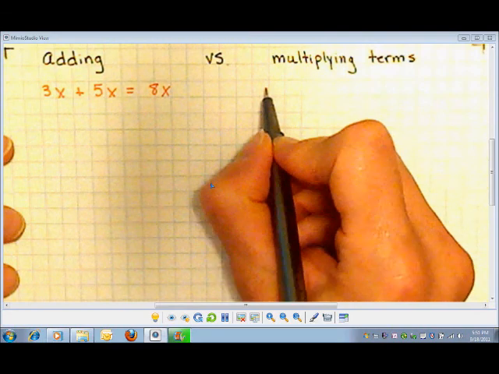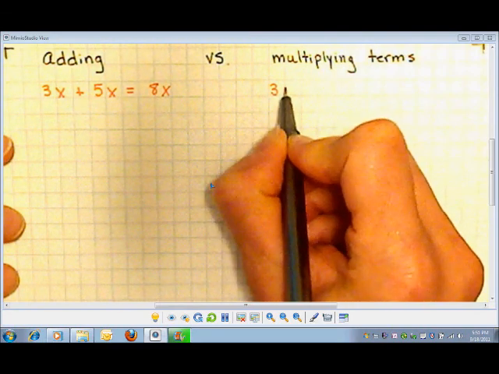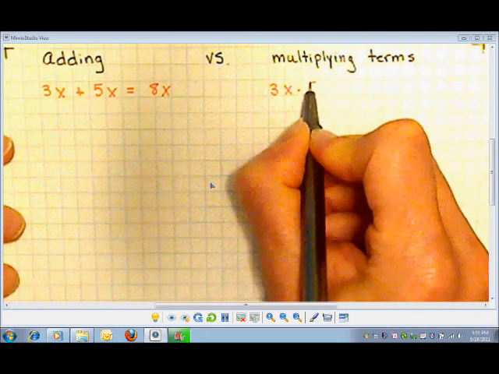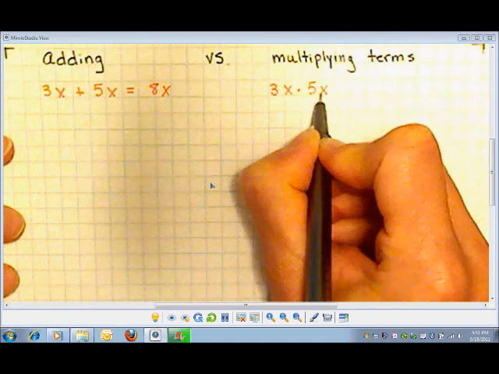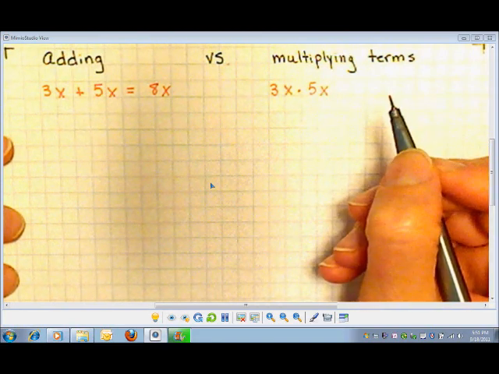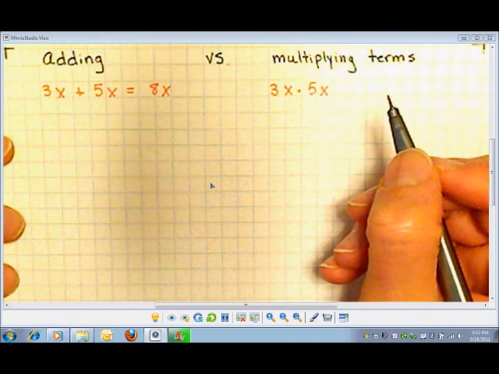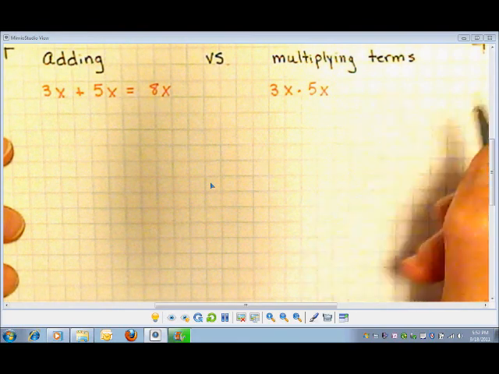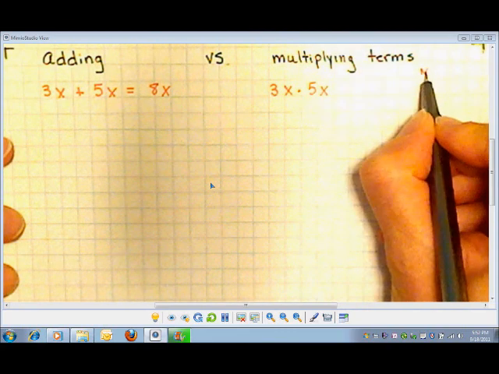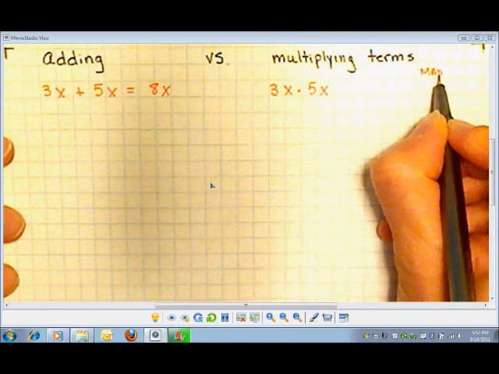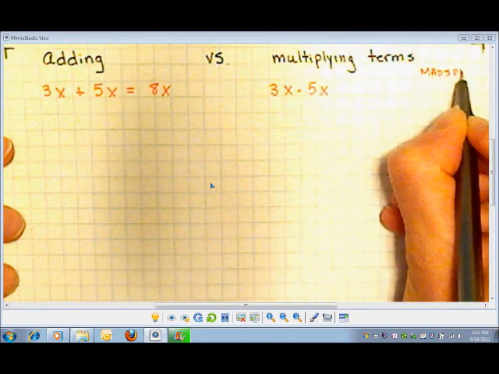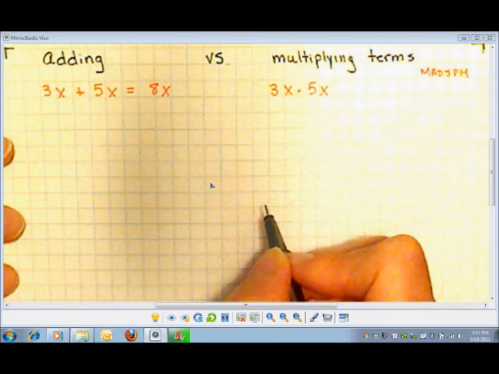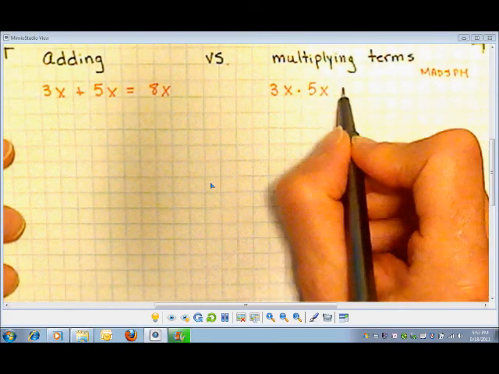However, when I multiply my terms, 3x times 5x, I have to remember my rules for the property of exponents. So I'm just going to put that over here because I'm multiplying. So let's see what happens.